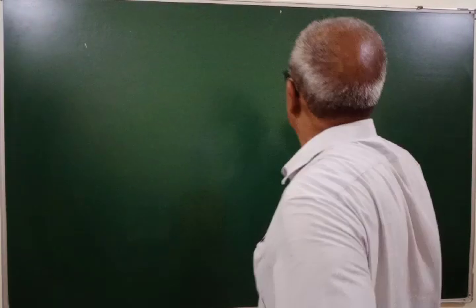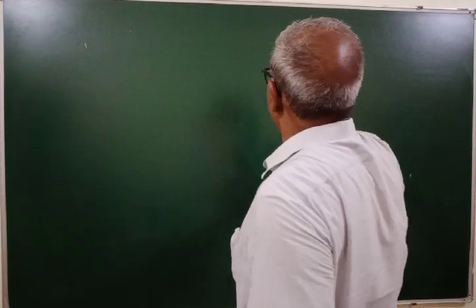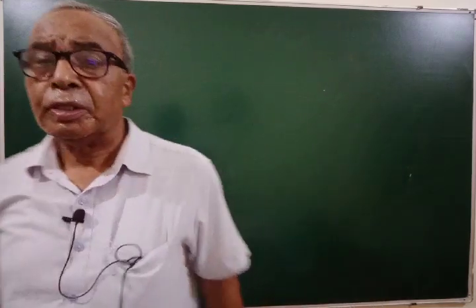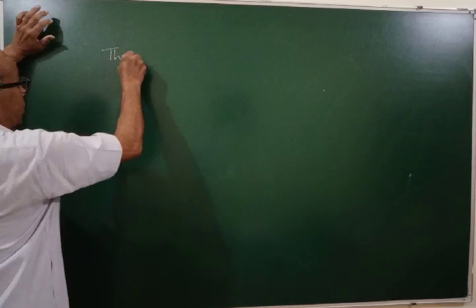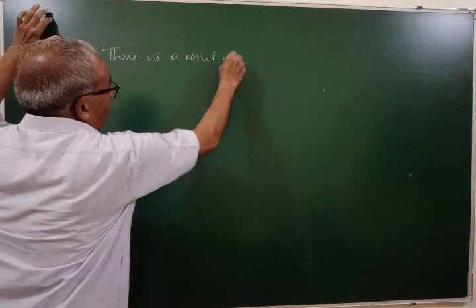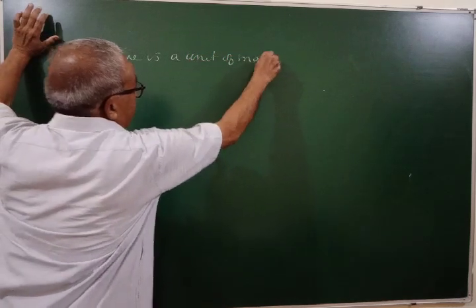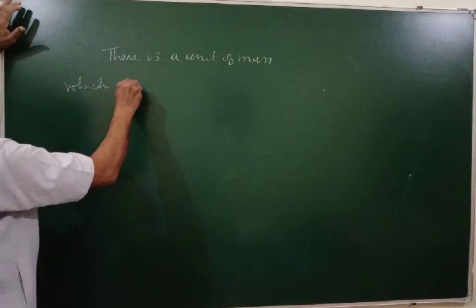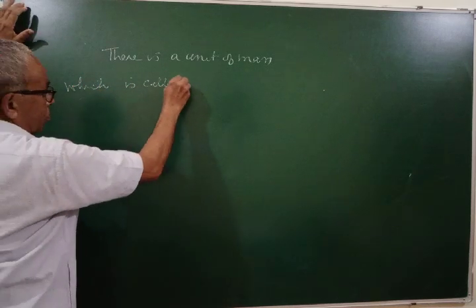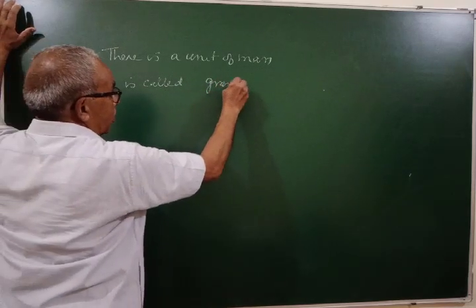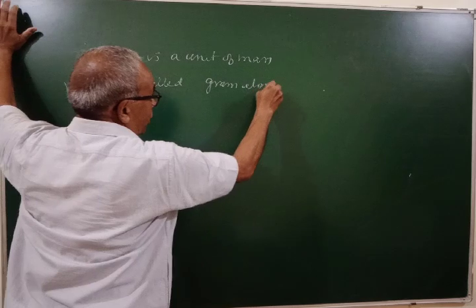For 1 mole, there is one unit which is called gram atomic mass. It is a unit of mass.